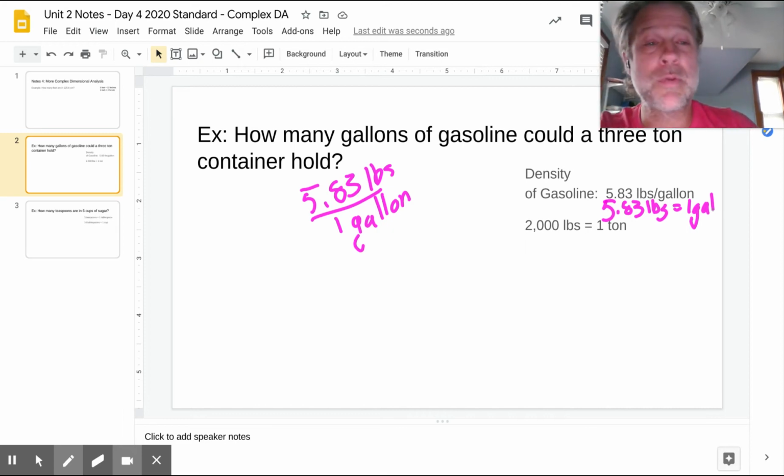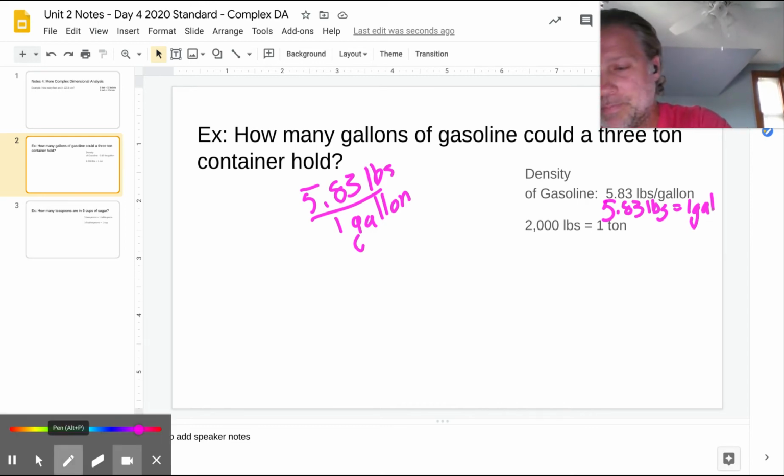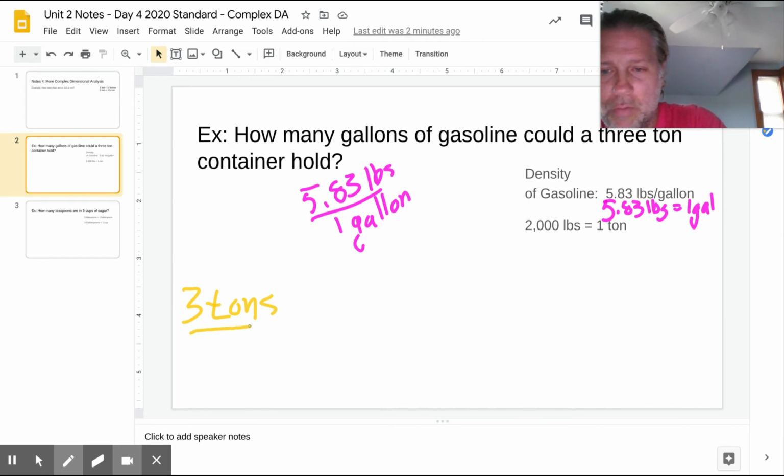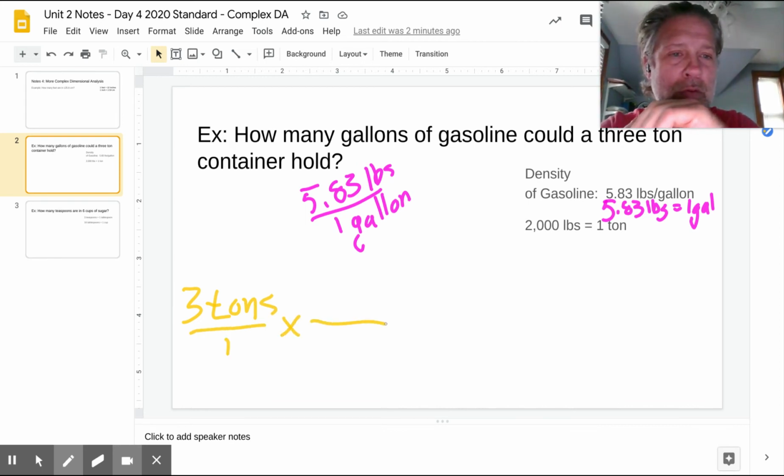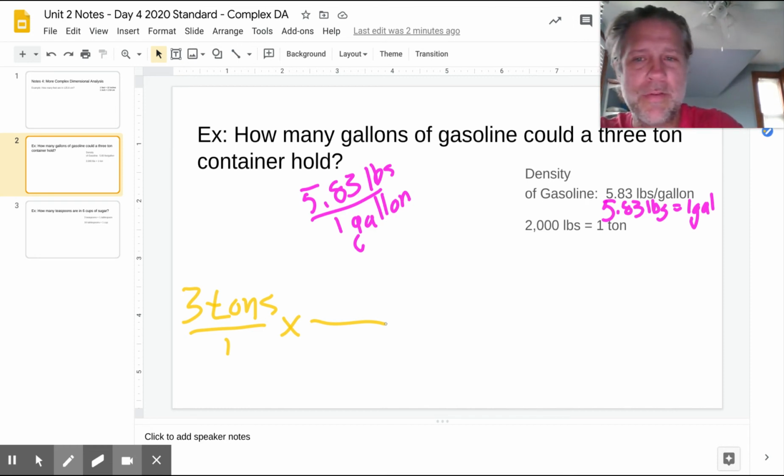Sometimes we will give you problems and you will be given a density, and that density tells you more information than you think it does. So let's start this problem. We're going to start with the 3 tons, and I'm going to put it over 1, just like we did in the past. And then I'm going to go from tons to gallons. Well, I don't have any relationship that goes directly from tons to gallons.